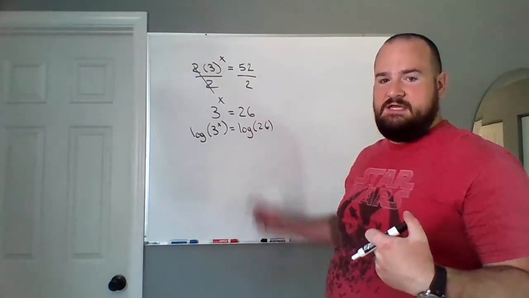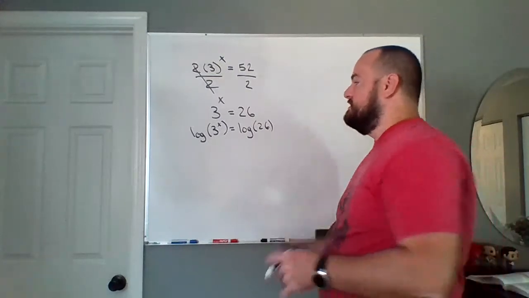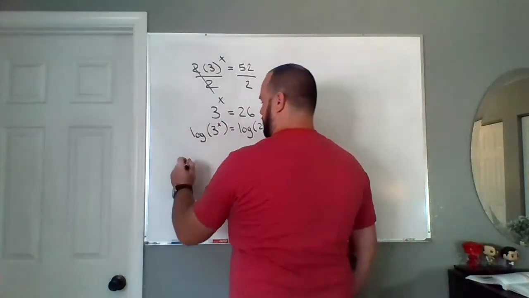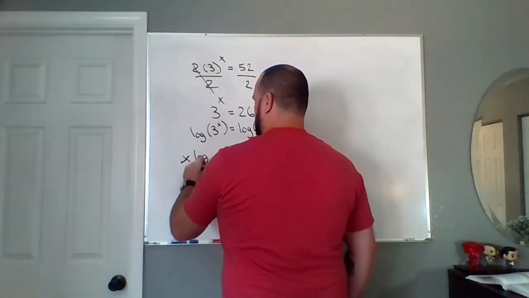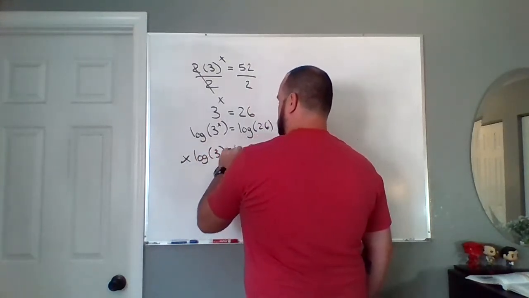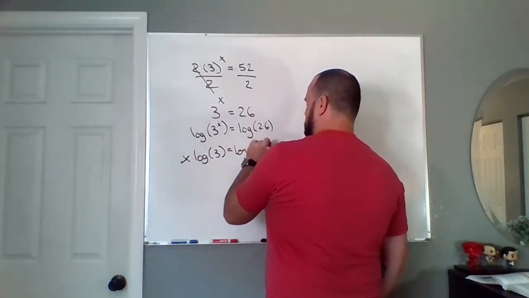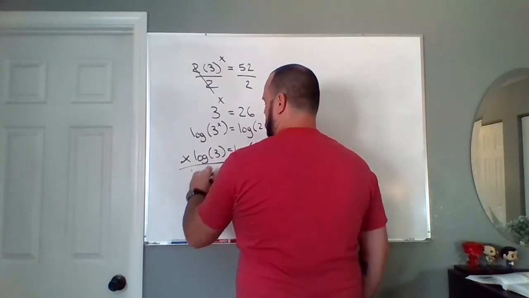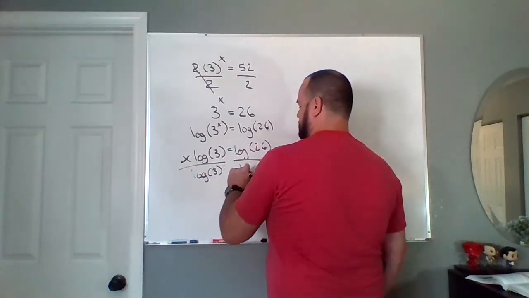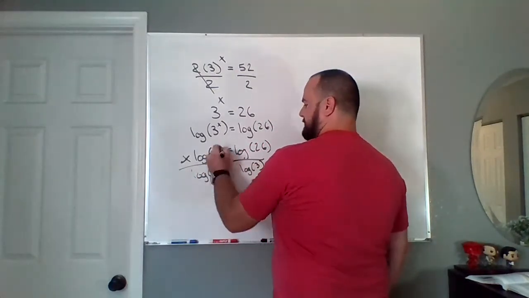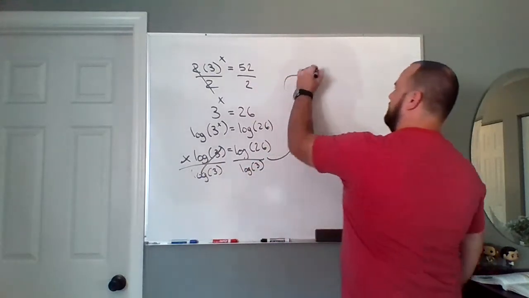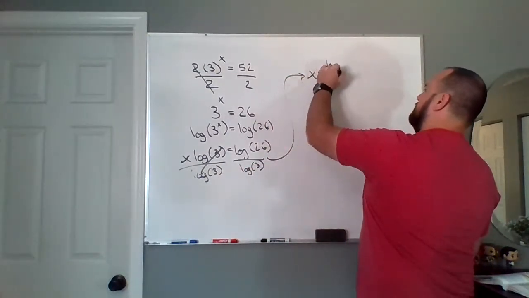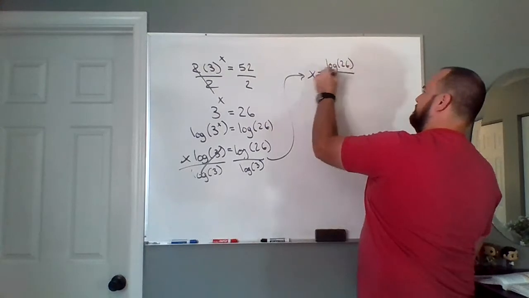The only difference is it's 26 instead of 81. So I'm going to use the power rule to bring this exponent out front, giving me x times the log of 3 equals the log of 26. Divide by the log of 3, giving me x equals the log of 26 over the log of 3.